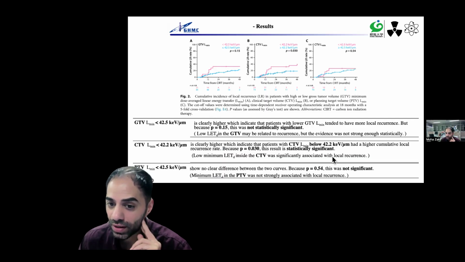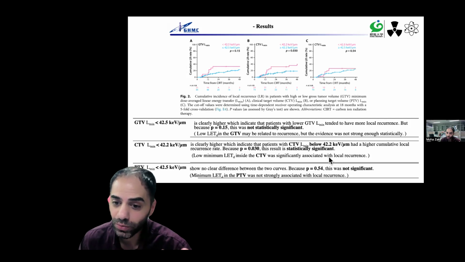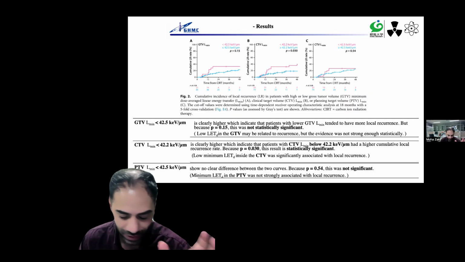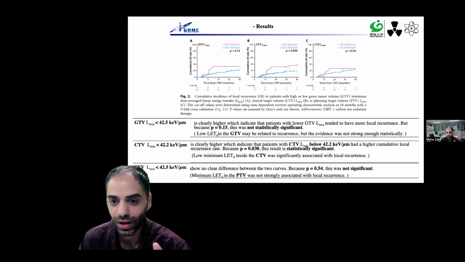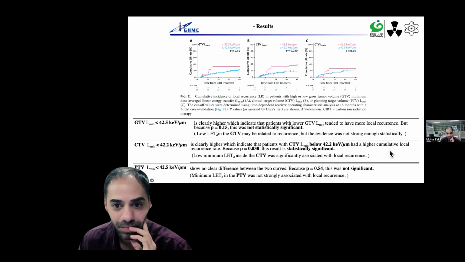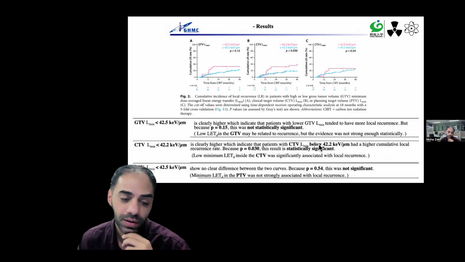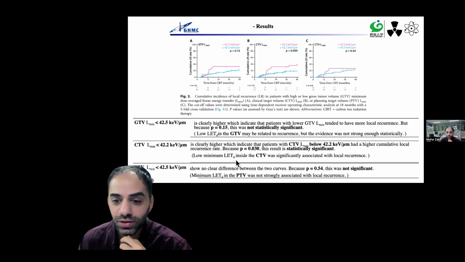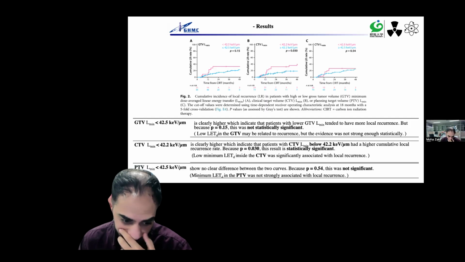And because the P value is equal to 0.54, which is not inside the desired region for the test, it was not statistically significant as well. So minimum dose average LET in the BTV was not strongly associated with local recurrence.